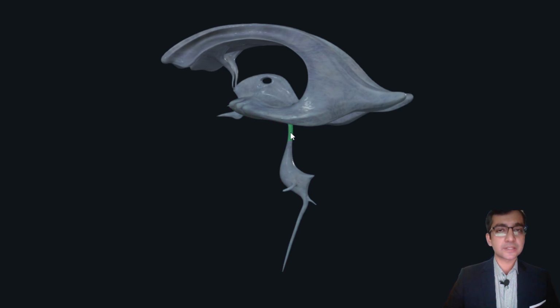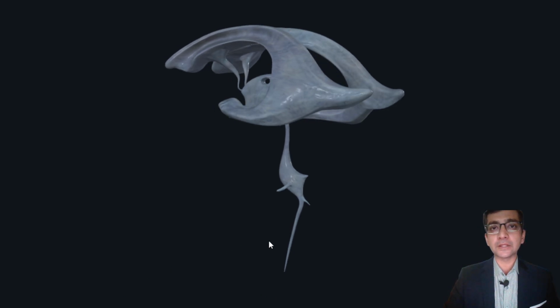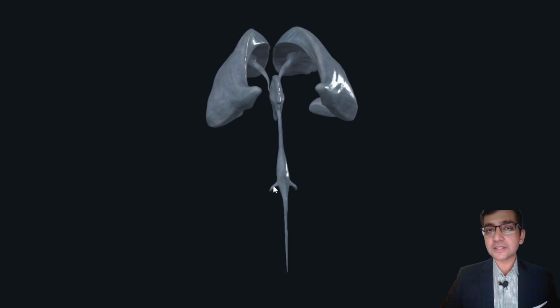Superiorly, it is connected to this aqueduct of Sylvius. Inferiorly, the central canal. Posteriorly, it has an opening that goes into the subarachnoid space in the pontocerebellomedullary region behind. On the lateral aspect, which is a little more prominent in this 3D model, there is a lateral extension of the ventricle ending in an opening called the foramen of Luschka.